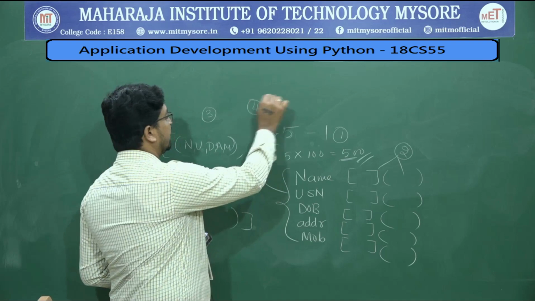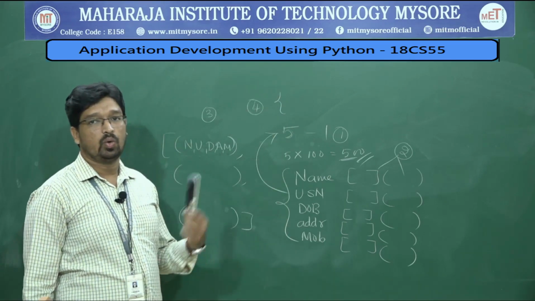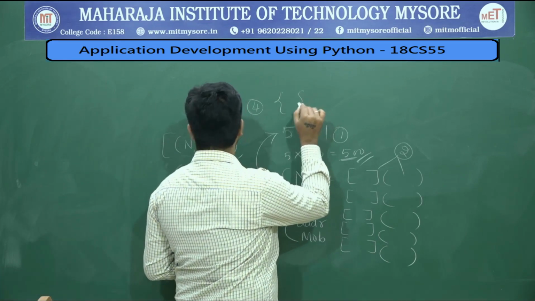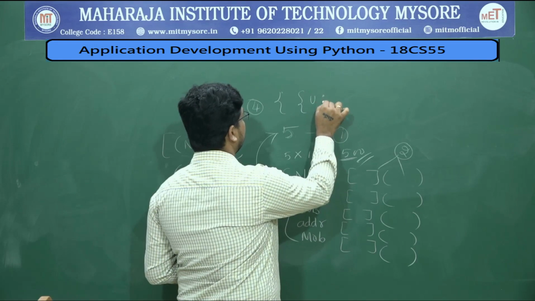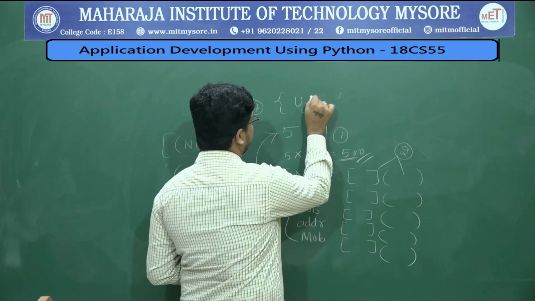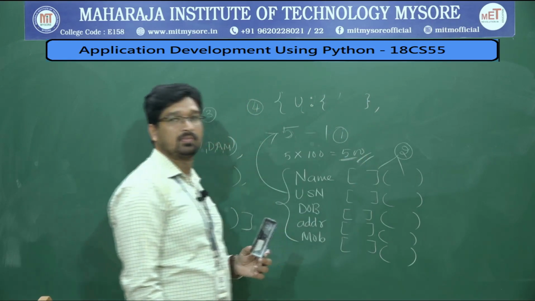You can consider a dictionary where you can store again a small dictionary saying that, let us say USN is a key, then other fields. You can consider USN as a key, then all other fields as values.